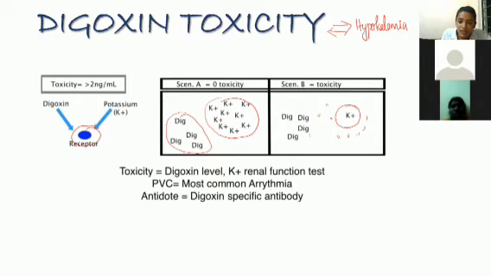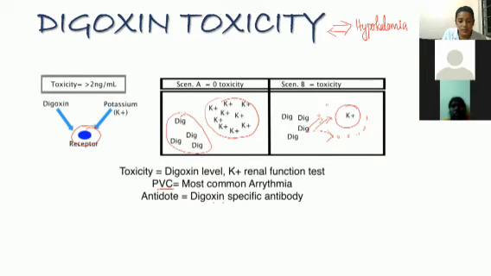So digoxin will get more receptors to bind, and that will finally lead to digoxin toxicity. So you should not get confused. Hypokalemia, or decreased potassium level, will cause digoxin toxicity. Premature ventricular complex is the most common arrhythmia we can expect in digoxin toxicity.